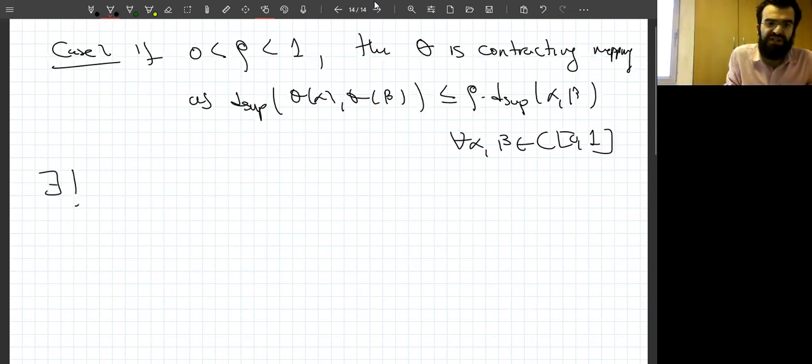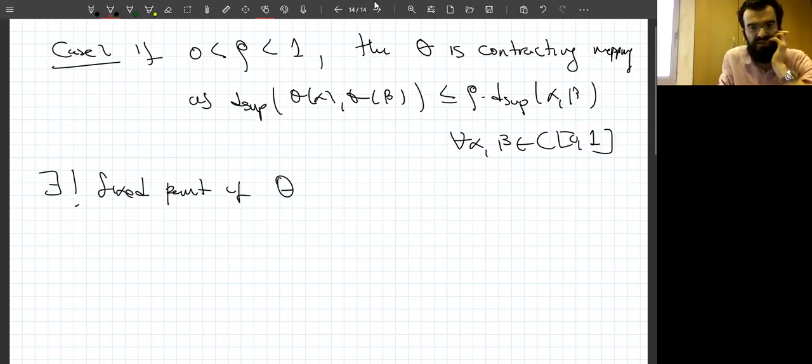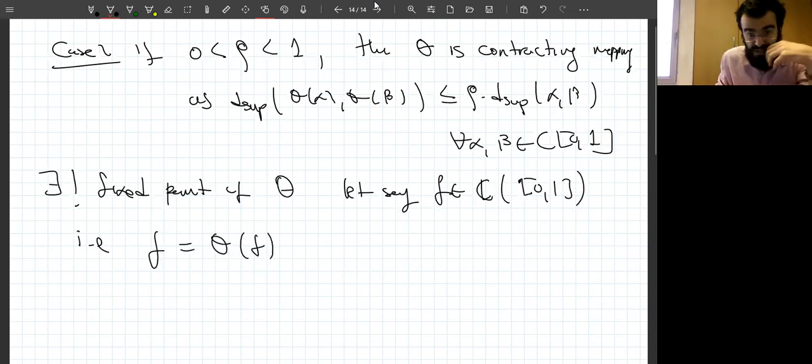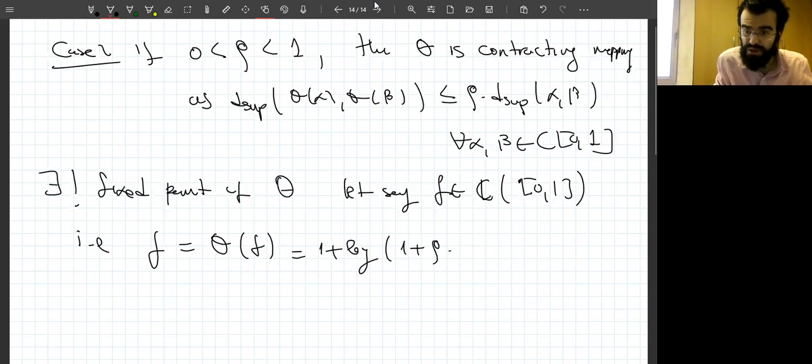There exists a unique fixed point of this theta, let's say f in here. f equals theta f, which is 1 plus logarithm of (1 plus rho times the integral of absolute f dt).